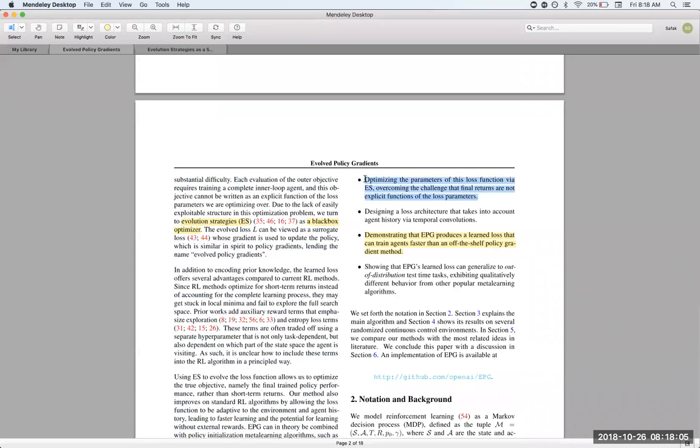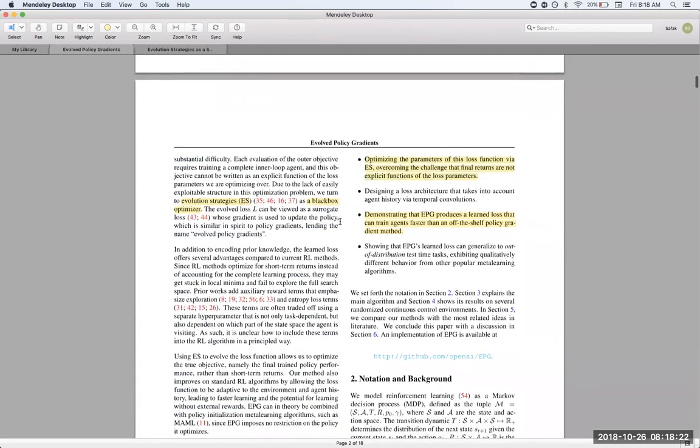I'm just reiterating myself. The loss function is learned through evolution strategies because it's a black box function. It's differentiable, but you can't really calculate the derivatives explicitly.